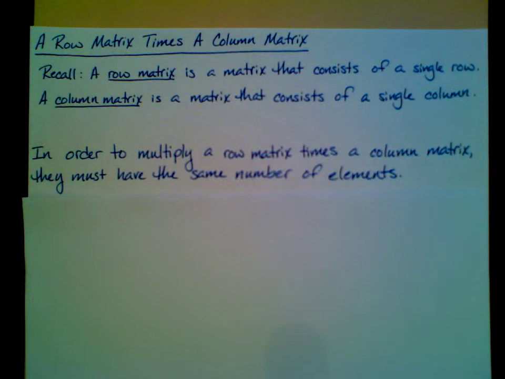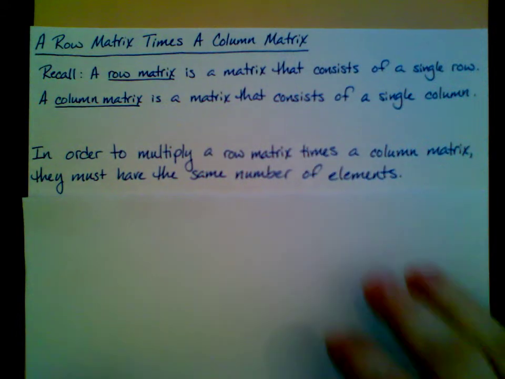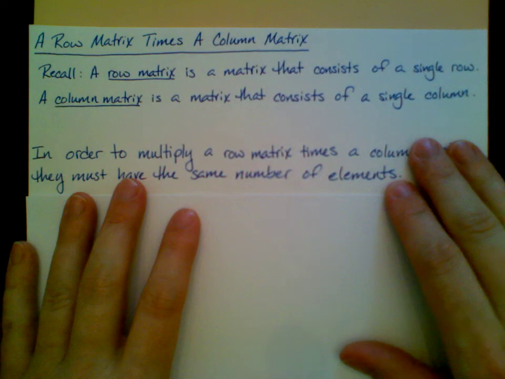And a column matrix will have the size n by 1. Remember that the rows always come first when we're talking about size or when we're talking about element position in our double subscript notation, which we'll get to in a second.